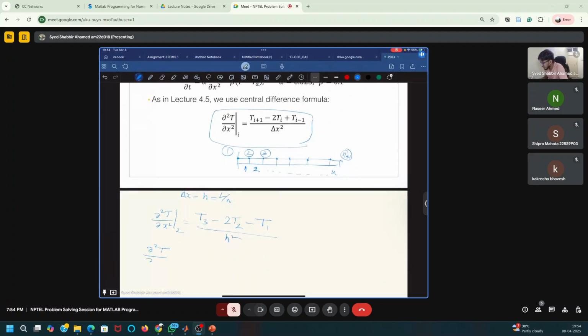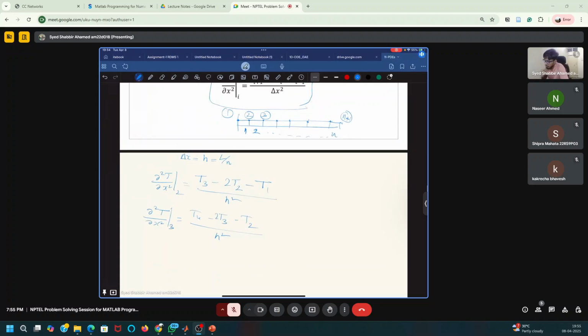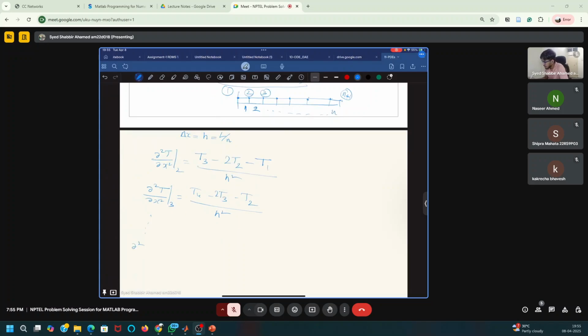The second order differentiation of temperature will be T4 minus 2T3 plus T2 by h square. So we go on doing this up to the nth point. At the end point, you will have Tn plus 1 minus 2Tn plus Tn minus 1 by h square.